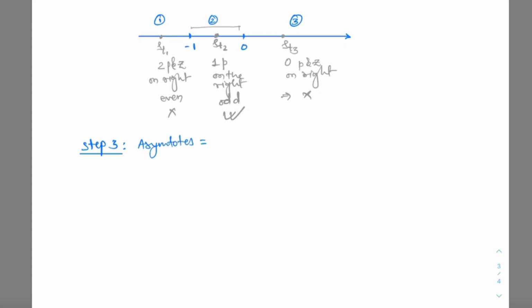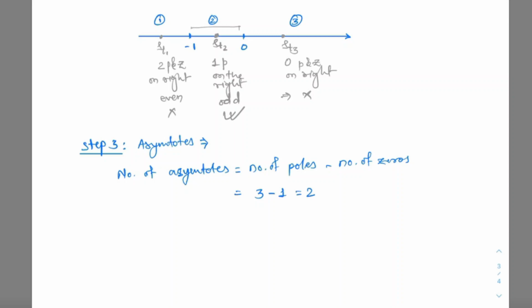The number of asymptotes is given by the number of poles minus the number of zeros, which in our case, the number of poles was 3 and the number of zeros was 1.